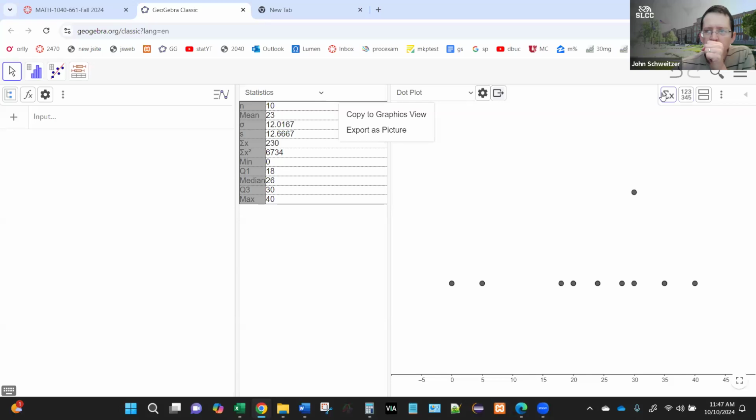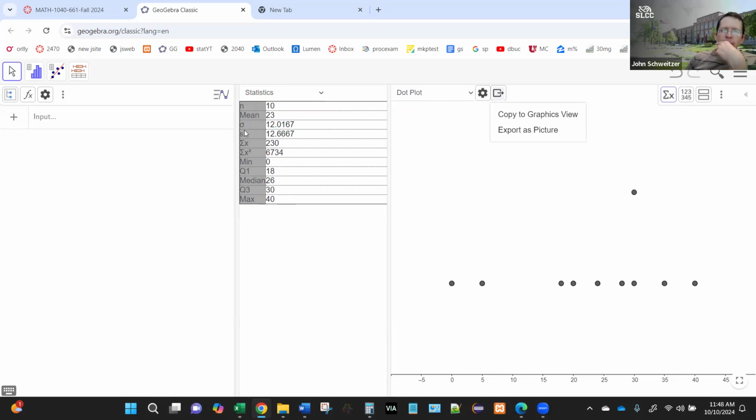So I'm going to hit the sigma x because so many formulas have sigma in them. That sigma x is just saying, hey, this is where you go to get all of your statistics, all of your numerical summaries of the data. Okay, so this will tell us the standard deviation. But there's 2 standard deviations. There's sigma, which is the population standard deviation, and then there's S, the sample standard deviation.